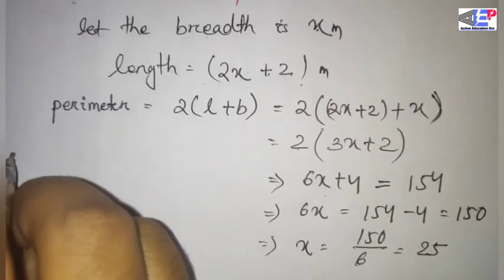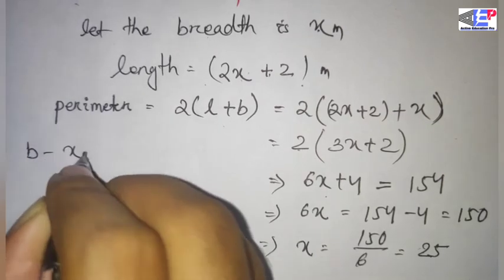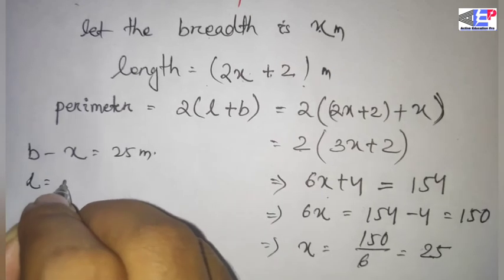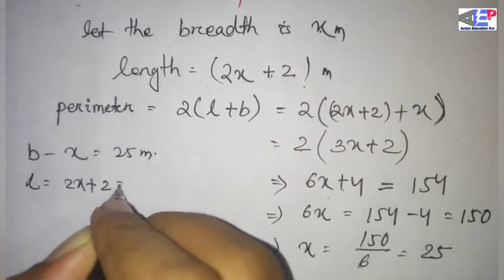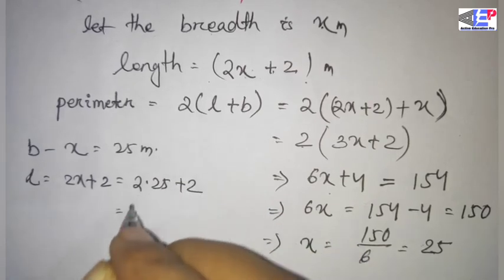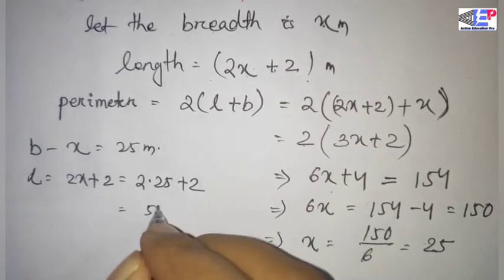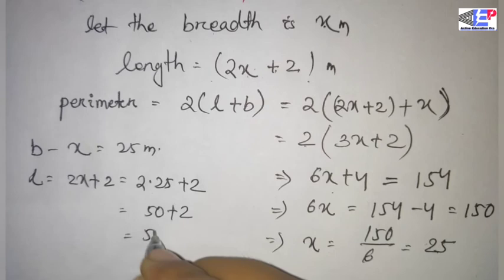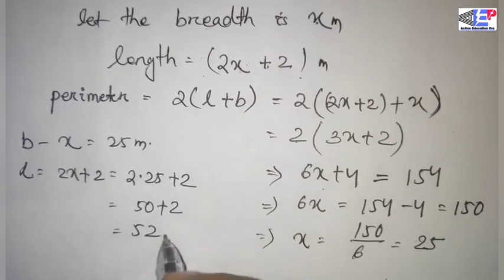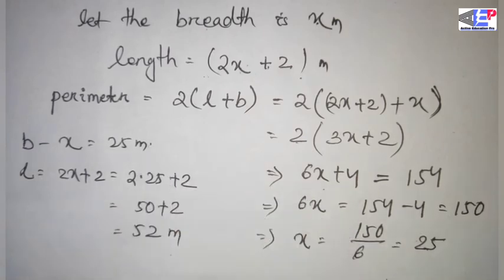So breadth is x, and x is 25 meters. Length is 2x plus 2, which means 2 into 25 plus 2, that is 50 plus 2, which is 52. Length is 52 meters and breadth is 25 meters.